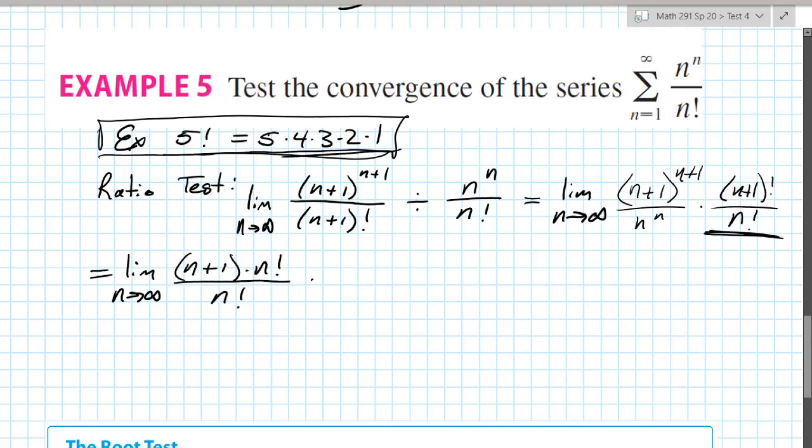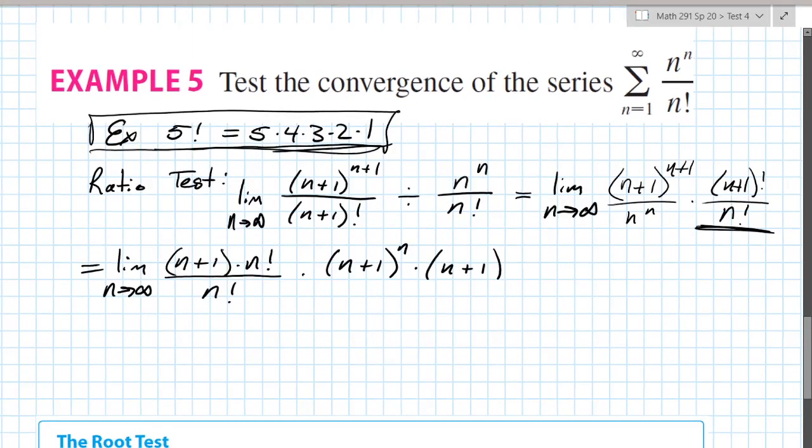What about this first part of our fraction here? What can we do with it? It would be better if we had a to the nth power instead of a to the n plus 1 power. So I'm going to just go n plus 1 to the nth power times n plus 1 over n to the n.